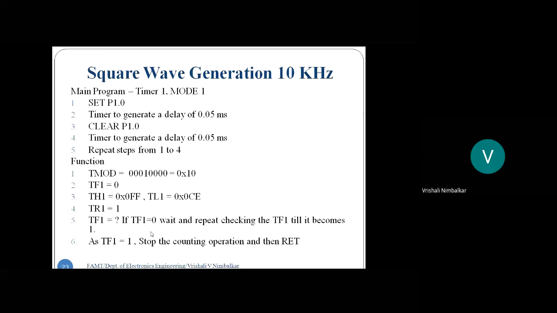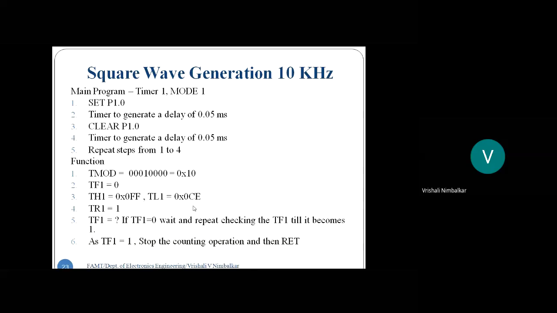After that overflow, the count is lost. What was the count that we had loaded when we kept timer 1 in mode 1? The count loaded was FFCE. After FFCE, the count up started on its own, and when it reaches FFFF, we get a delay of 0.05 milliseconds.